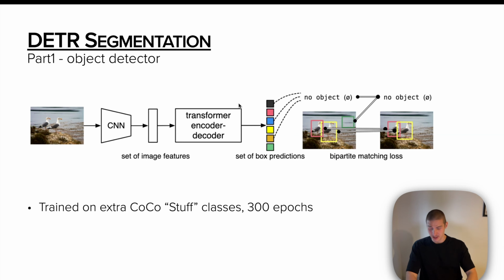This is the architecture of the original paper. DETR segmentation uses the same basic transformer as the main component of the model. The picture is fed into a backbone like ResNet and passed through the encoder and decoder. The output is a set of query embeddings, each of them then projected into bounding box predictions and class predictions.